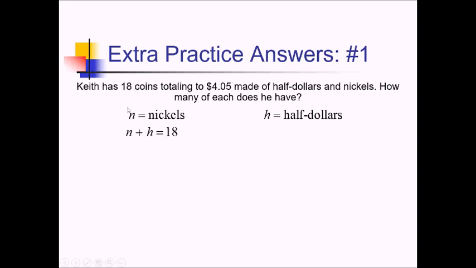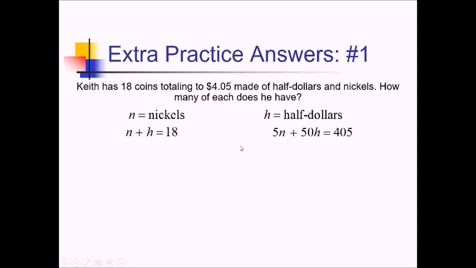So that's going to be 5 cents times the number of nickels, 5n. And we're going to add to that the value of the half dollars, which is going to be 50 cents times h, the number of half dollars. So 5n plus 50h, and again that should equal 405, and I'm going to write 405 because this is all in terms of cents.